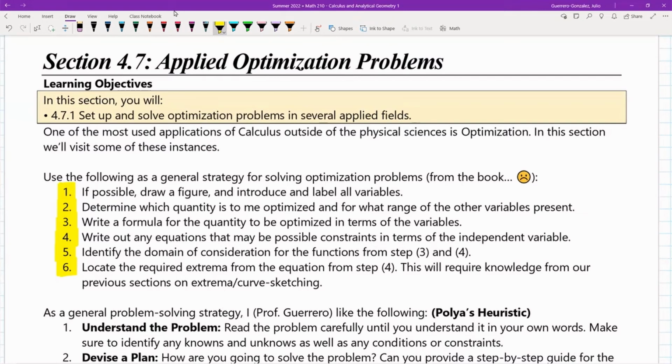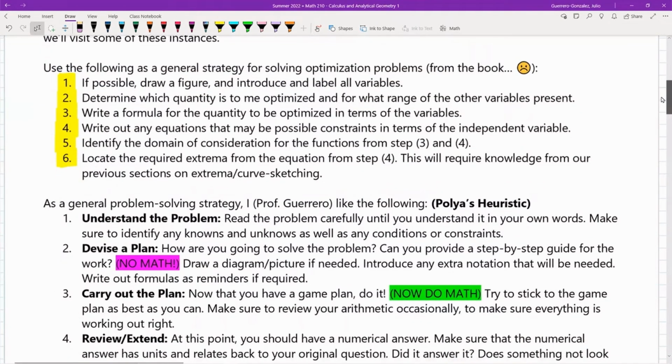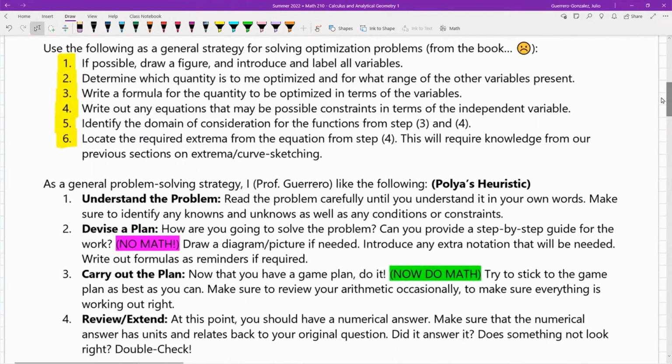What I have below is a separate problem solving strategy that I think is much more useful for everything outside of this class. This is a much more general problem solving strategy, which will not only help you in this math course, but outside of math: in your physics class, your economics class, your sociology class, your chemistry class.